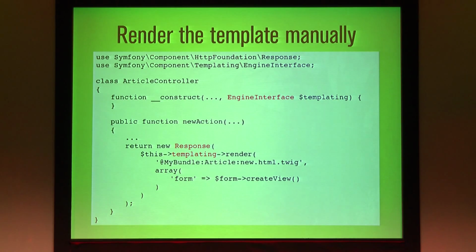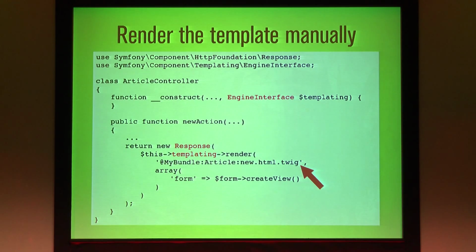Its render method requires the name of the template and the array of template variables, which previously was just the return value of the controller. And then once the template has been rendered, it's just a string, so we have to wrap it inside a response object, which is also very easy, it just happens there.